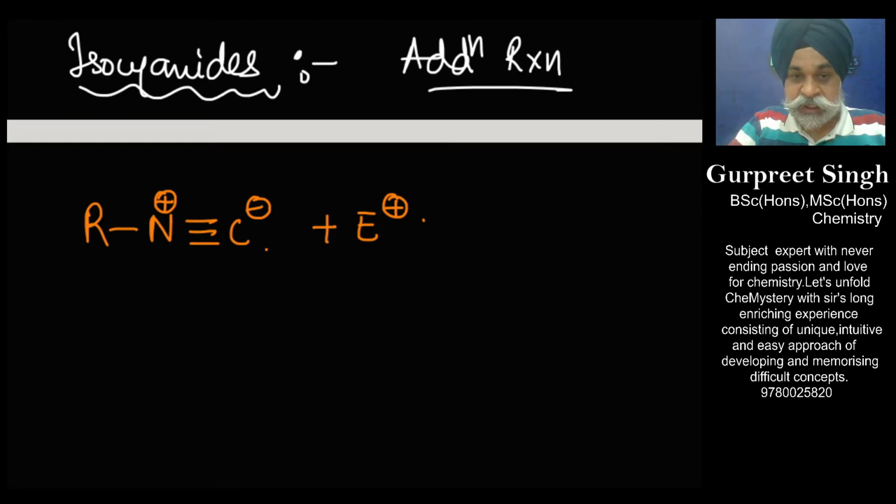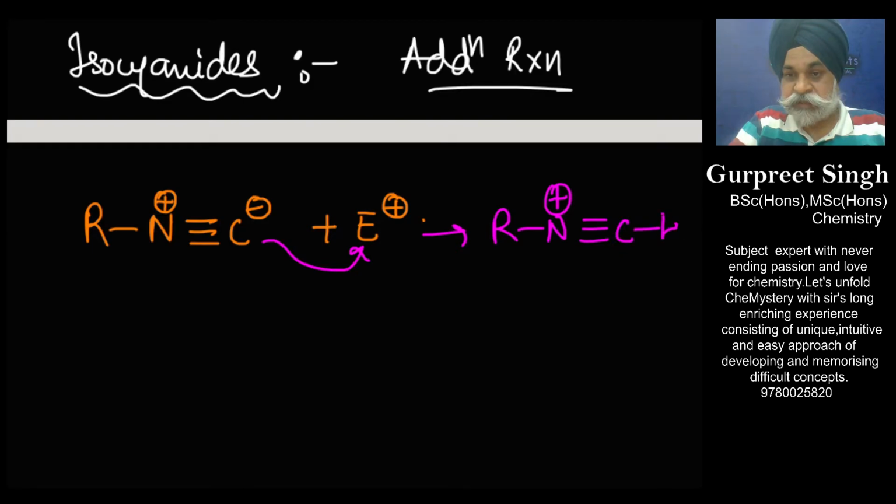Now see what I'm saying: first, if I add E positive, that is an electrophile, this goes here, so it results in the formation of this, and this N would have positive charge, this carbon got attached with the E. Now what would be the next step? The next step would be the nucleophile.